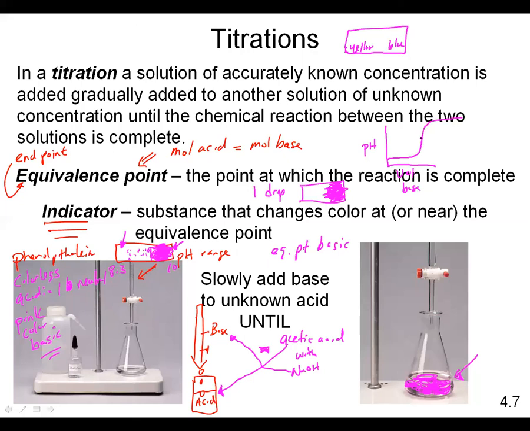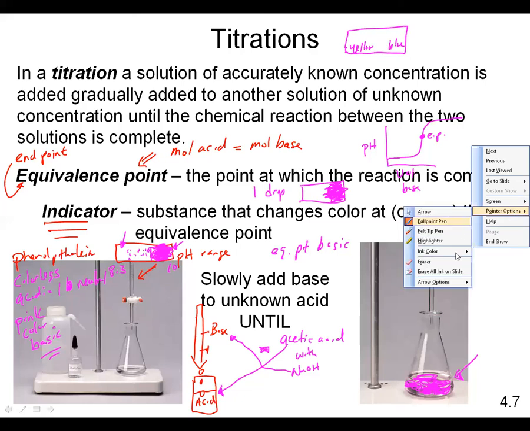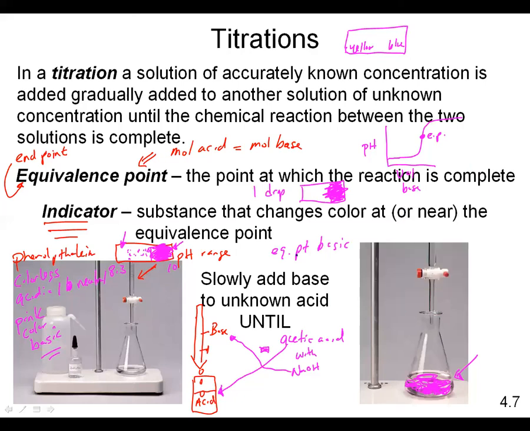And we'll call our equivalence point right about there. pH is on the Y, and the amount of base in this case is on the X. And what we see is typically when you approach the equivalence point, it goes up sharply and vertically, right?